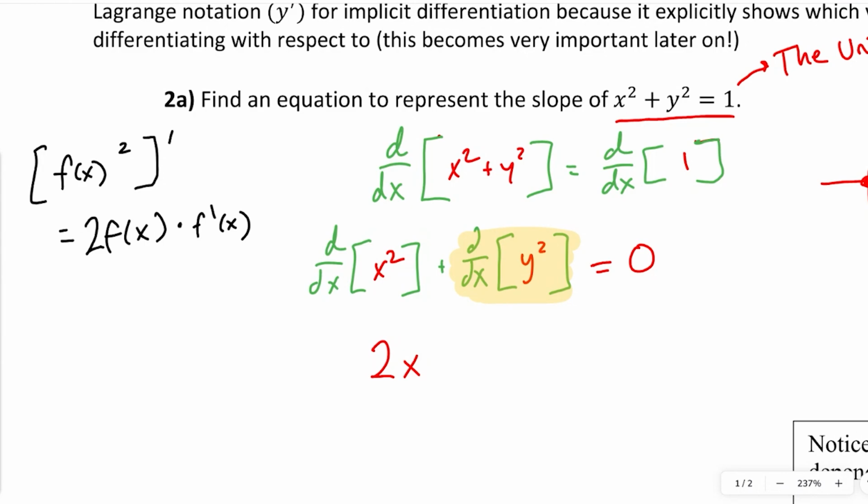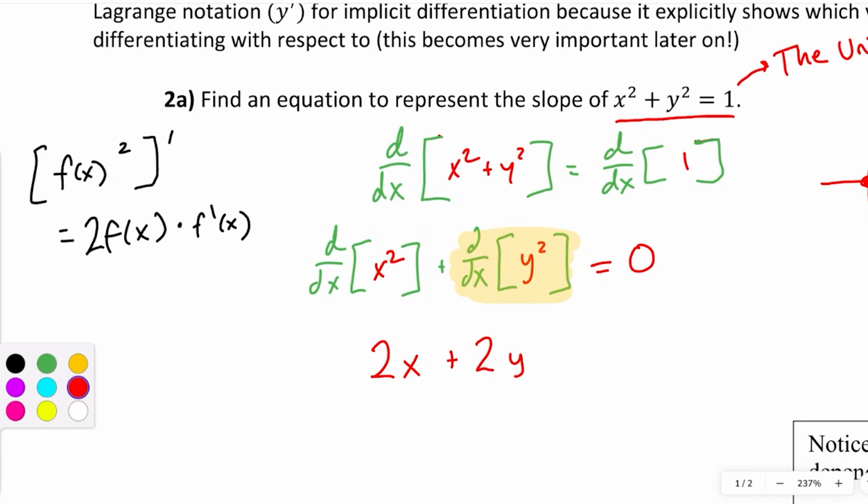So let's do that here. Okay, so we say plus, we're going to use chain rule, 2 times y, and it would be to the first power, but I'm not going to write first power. Part of the reason that we really want to avoid writing the first power is we don't want to confuse that with y prime. Y to the first power looks a lot like y prime if you're just handwriting it.